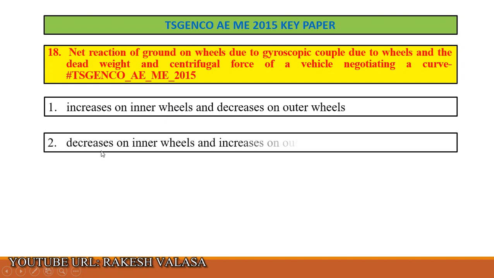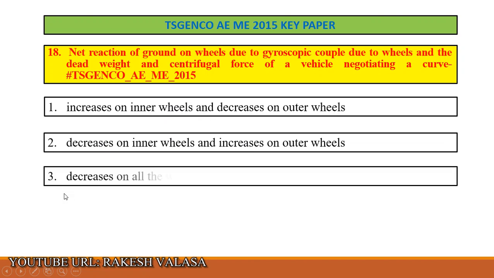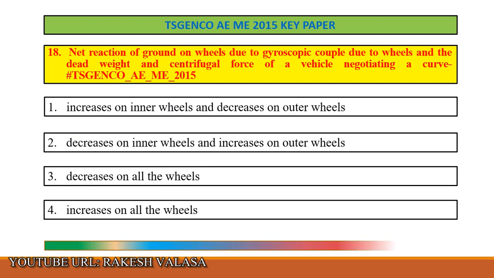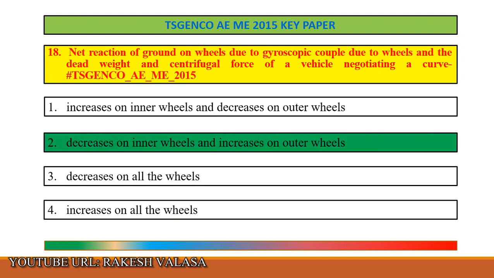Option 2, decreases on inner wheels and increases on outer wheels. Option 3, decreases on all the wheels. Option 4, increases on all the wheels. The correct answer is: decreases on inner wheels and increases on outer wheels. Let us see the explanation.